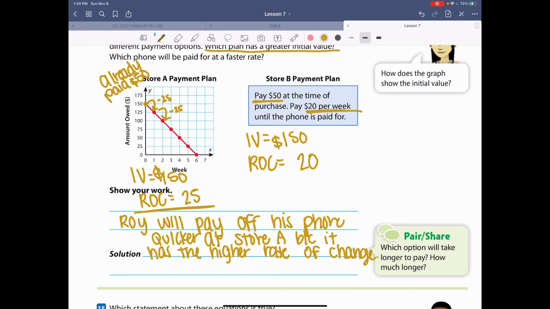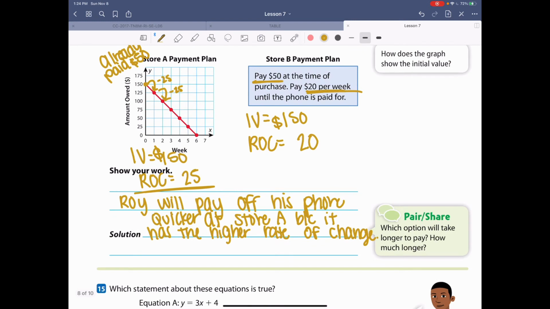Another way that we can get to the amount that he owes, since again he starts off at an initial value of 150, and then this is store A, and he's going to be paying $25 a week. Store B, same thing, 150 initial value, paying $20 a week.